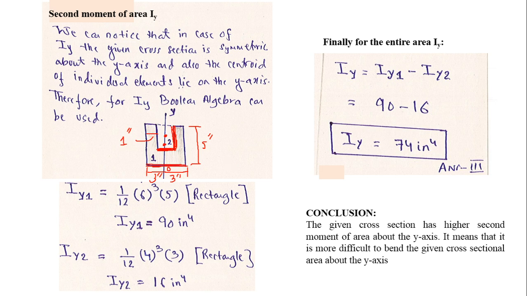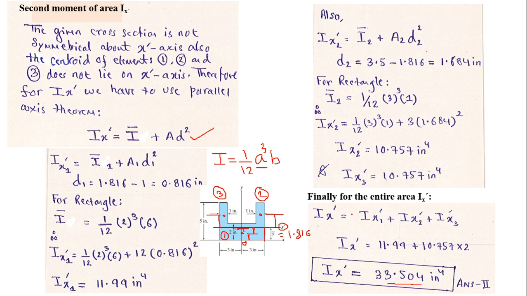So Iy, the second moment of area of this entire cross section about the y-axis, will be equal to this value minus this value. So it is 90 minus 16, which is 74 inch^4. Please note that in the previous case, when we were calculating Ix dash, we added all the values. Why? Because shape 1, shape 2, and shape 3 were adding together to form the original cross section that was given to us.